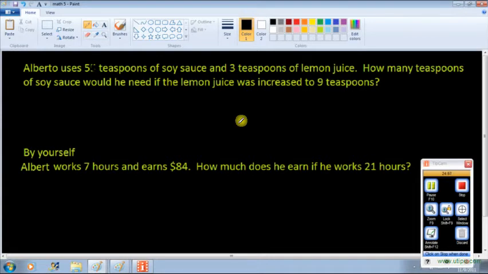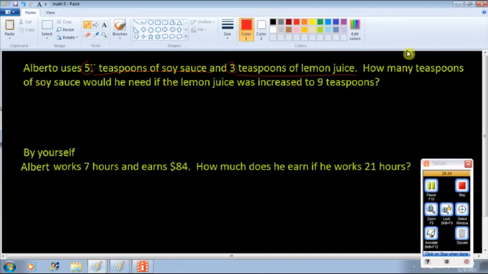Still use the words first, so let's go back and circle, underline our important information. So let's see, we're going to circle 5 teaspoons of soy sauce, 3 teaspoons of lemon juice, and let's look at the question.